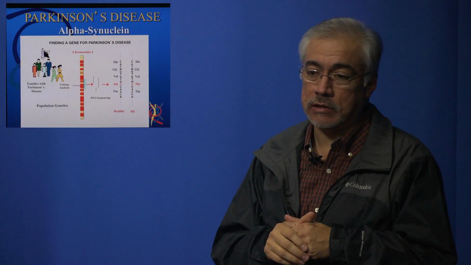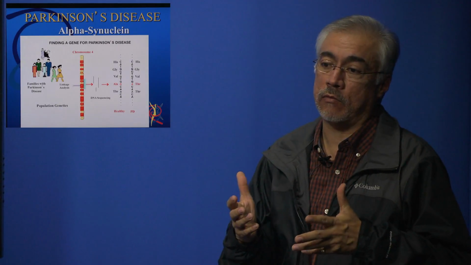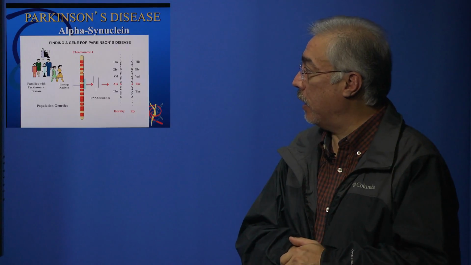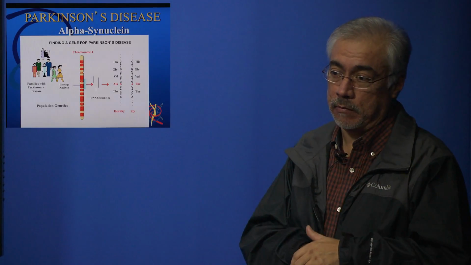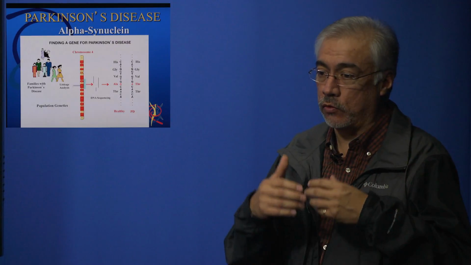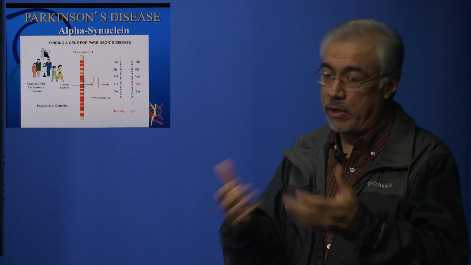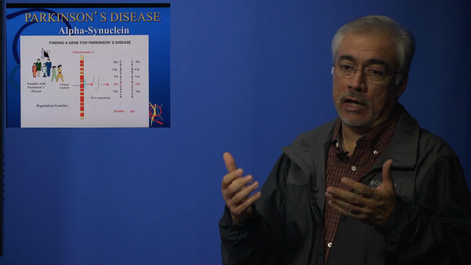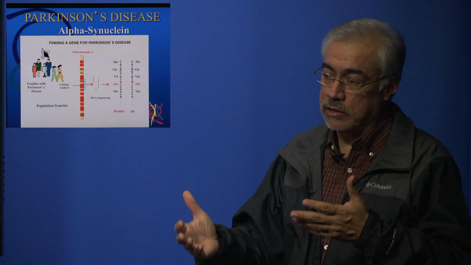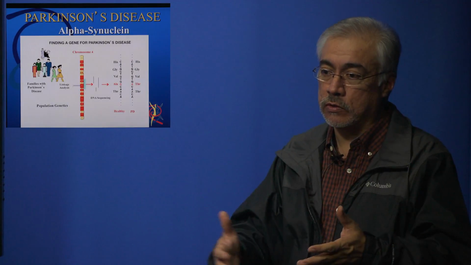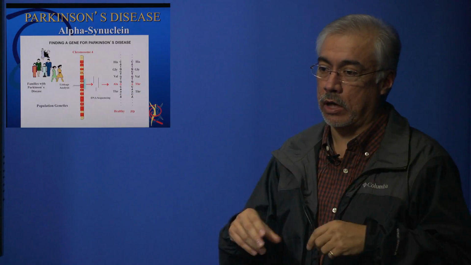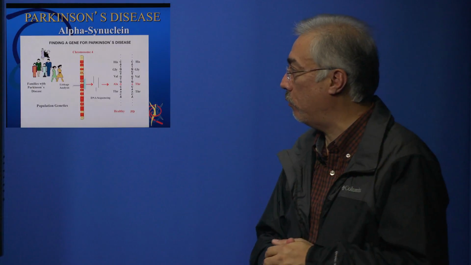Okay, so now we know the reason behind this, and once we know the mutation, you can make mouse models or fly models where you replicate the disease, and now you have a model that you can use to understand the mechanisms underlying the disease, or to try to discover drugs that can be useful to cure your fly model or your mouse model or whatever you want.